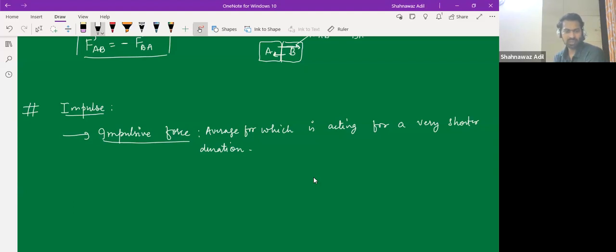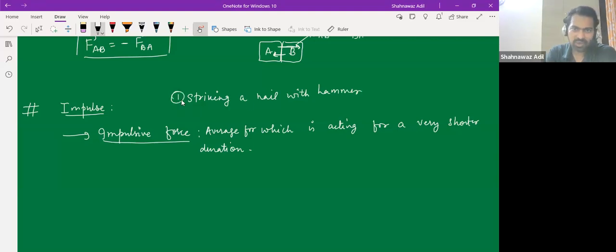Okay, so striking a nail with a hammer. This is one example. When you strike the nail with the hammer, the hammer applies a very short duration force on the nail.